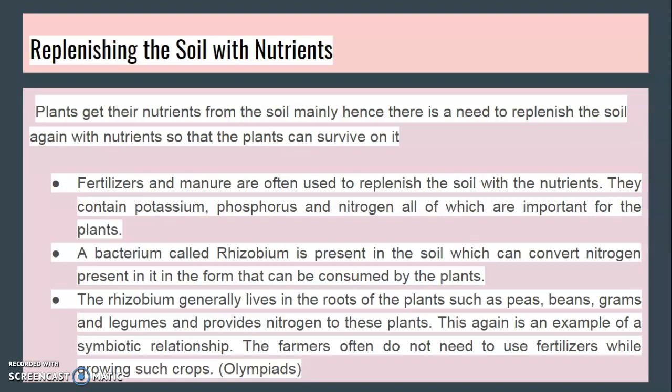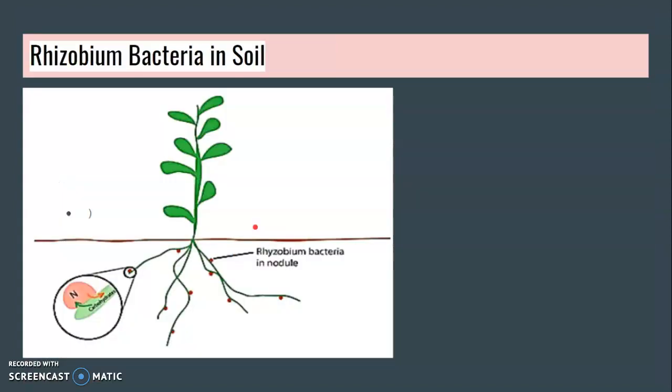This again is an example of symbiotic relationship. So farmers often do not need to use fertilizers while growing such crops. This is the rhizobium bacteria in soil.